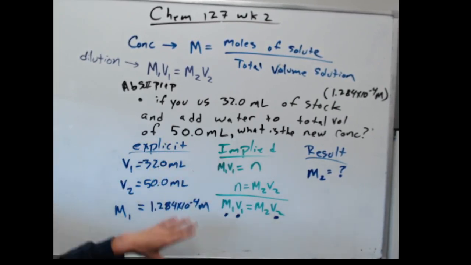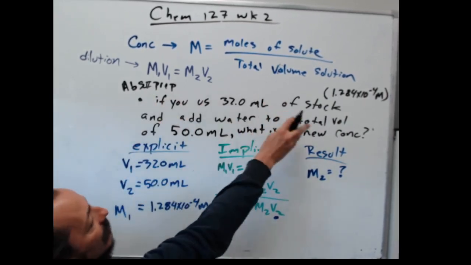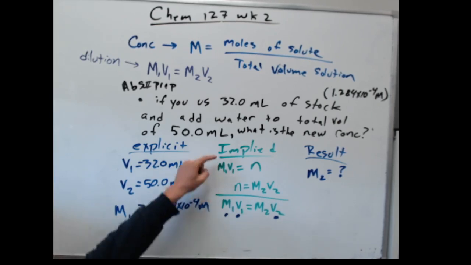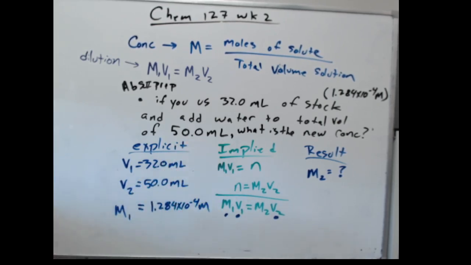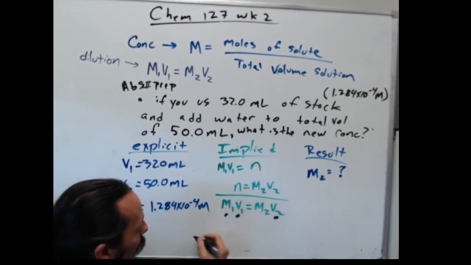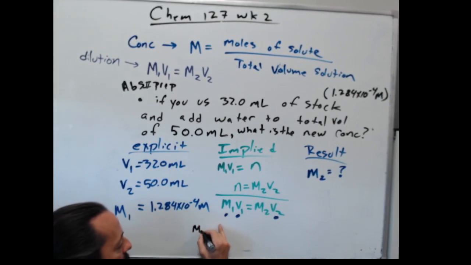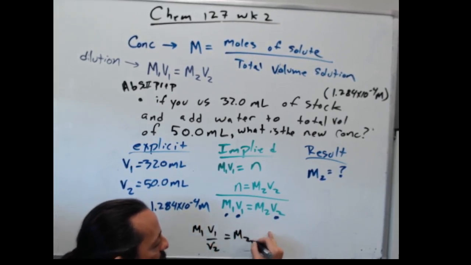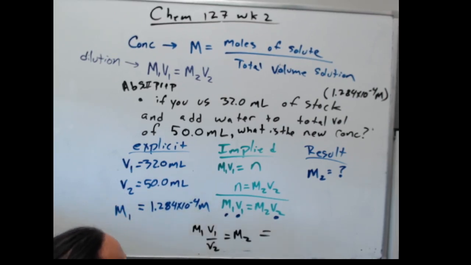So I'm just kind of like, okay, well, what's the actual important information here? The words are important for the context and the deeper thinking that helps get us this implied information. But once we've got that, we can just break it down into the numbers, and I can start plugging things in. So I'm going to first rearrange this. So I've got M1, V1, V2 equals M2, and I'm going to plug in my numbers.